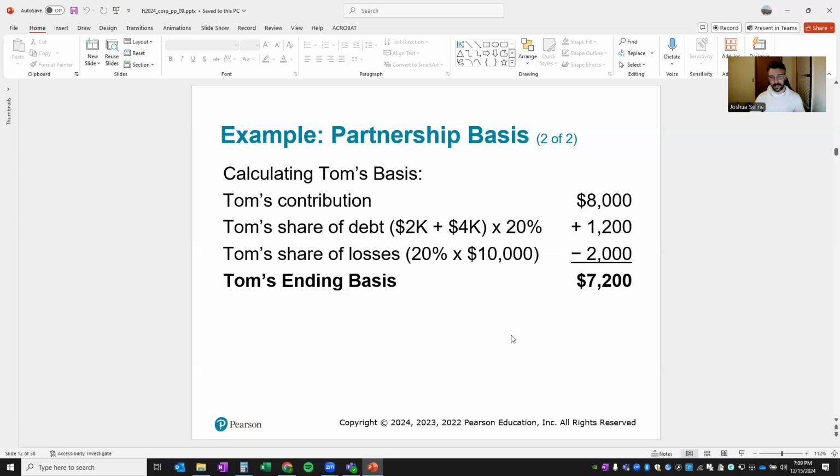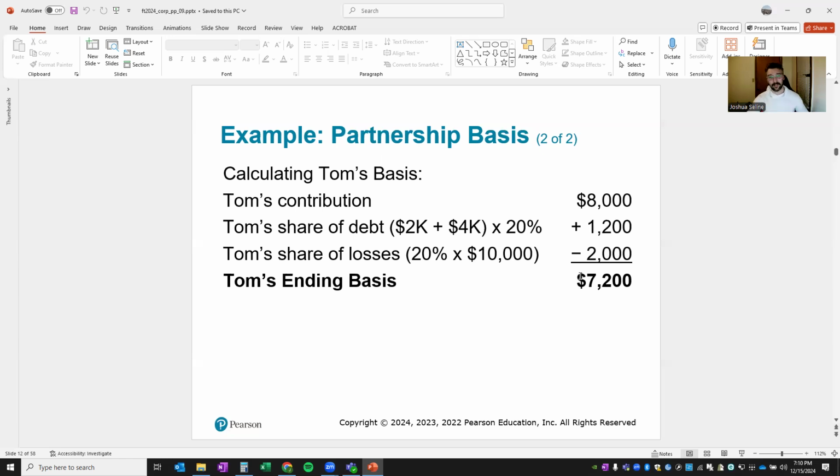We'll get into it, but I just kind of want to cover it quick. Your basis can never go below zero. So you can't have negative basis. The least you can have is zero. And if you take distributions in excess of basis, that amount has to be recognized as gain. Otherwise, it's kind of viewed as a return of capital.